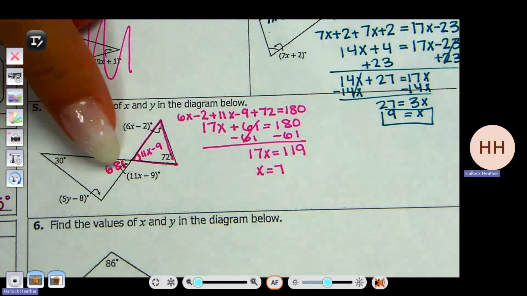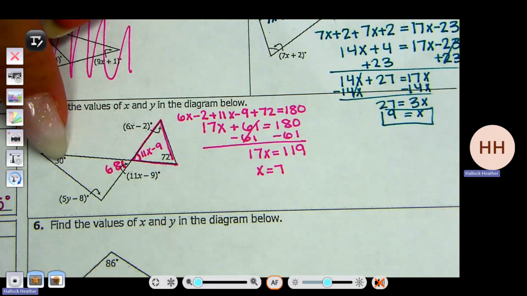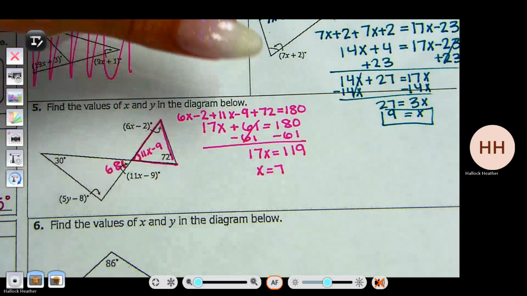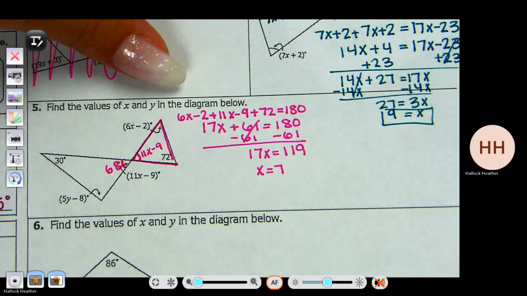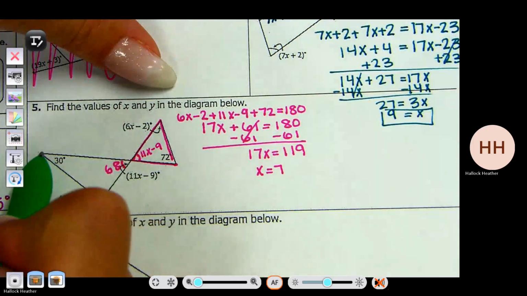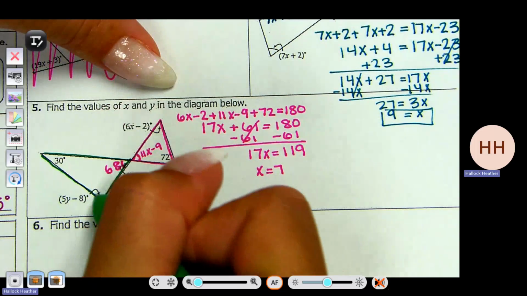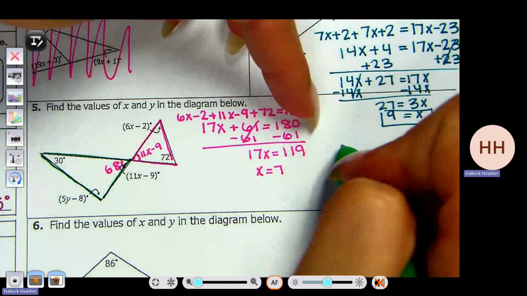So if this is 68 and this is 30, we're gonna add the big triangle to make 180. That's what we're solving for.